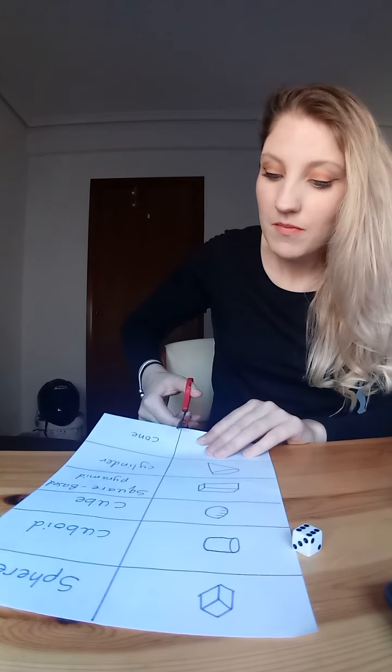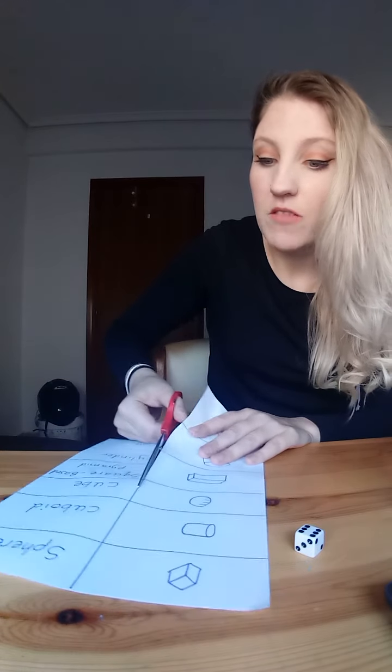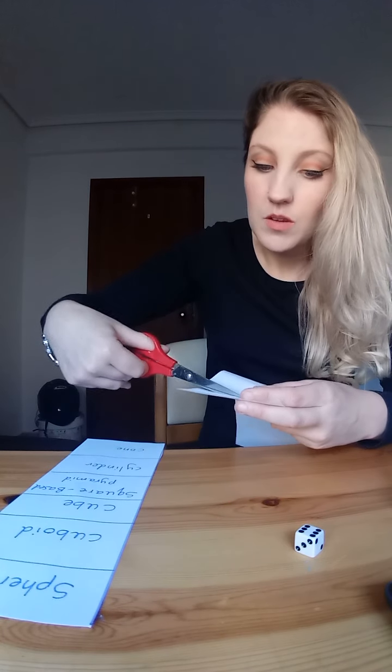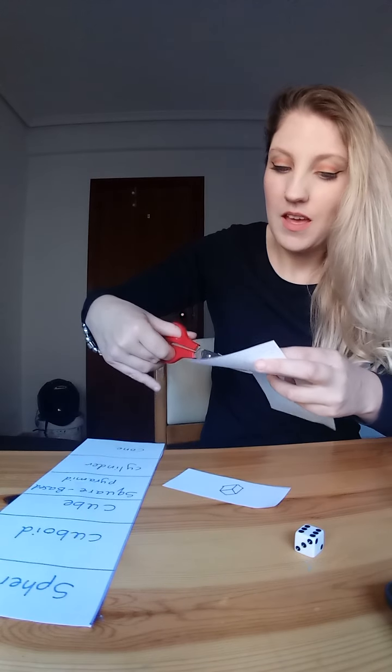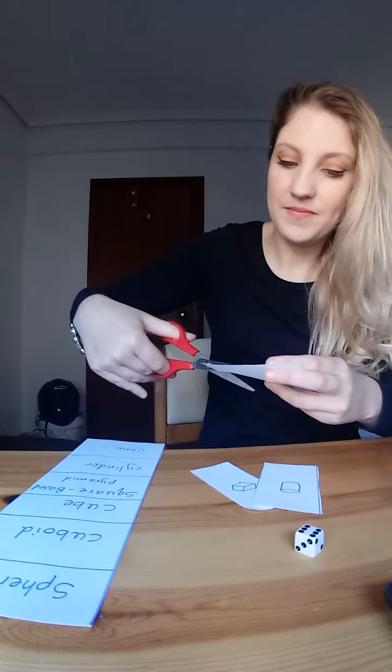So, your job, Year 1. If you can't print the sheet, don't worry, maybe Mummy or Daddy can write the words out for you and do some little pictures of the shapes. So your job is to cut up the shapes.